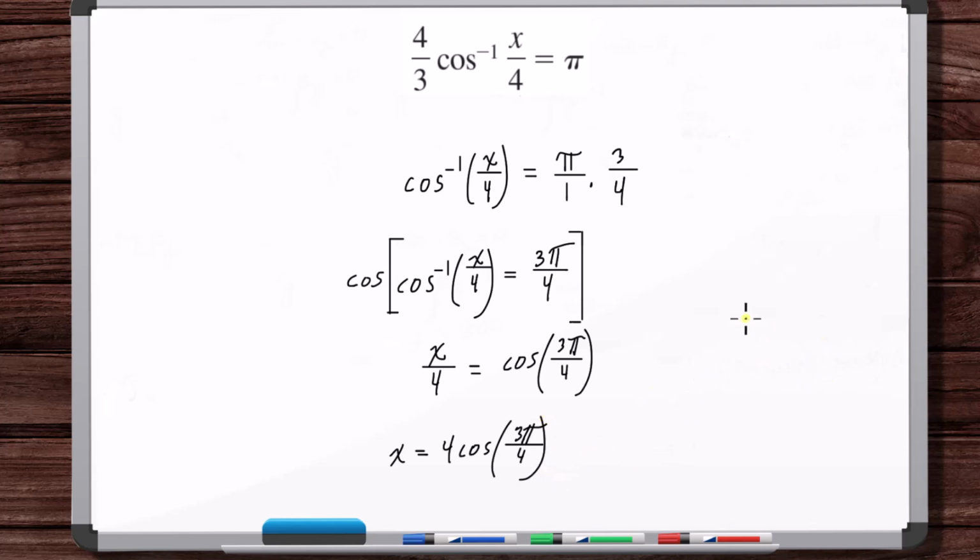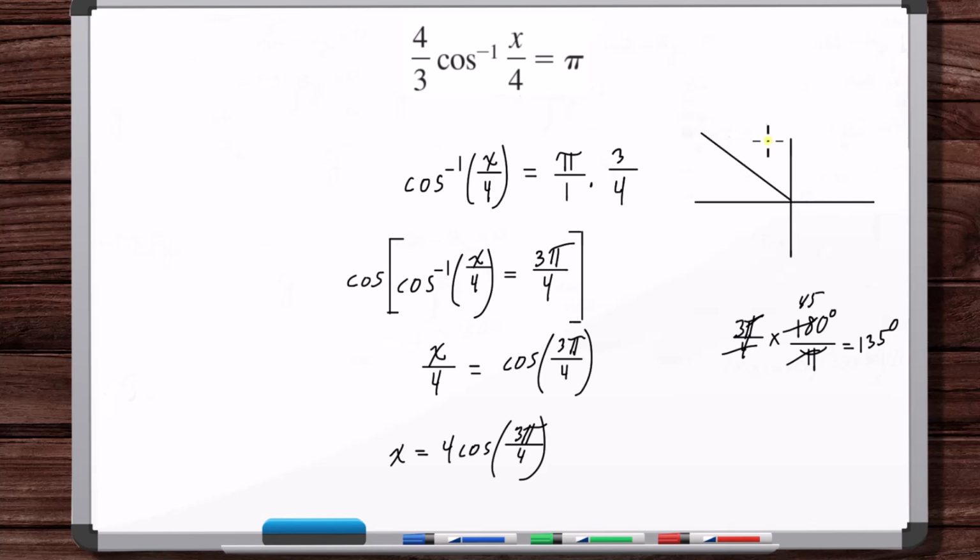Now what is 3 pi over 4 in degrees? Pi radians for every 180 degrees, so that's 135 degrees. So cosine of 135 degrees, that's reference angle 45 in the second quadrant.